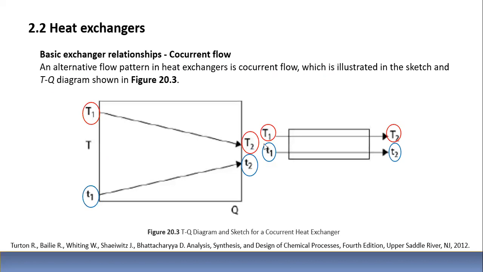That is, this temperature cannot get lower and reach T2. That would be the limiting temperature. If the area of the exchanger were infinite, just a humongous exchanger, then small t2 would be equal to big T2, the hot stream exit temperature, and that is a limiting factor.